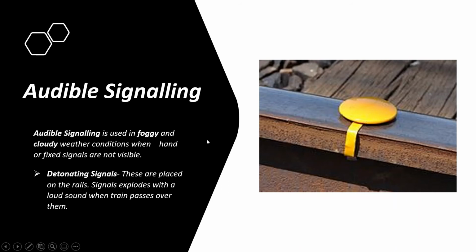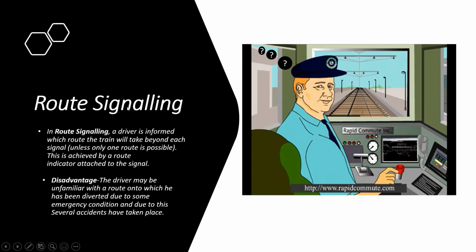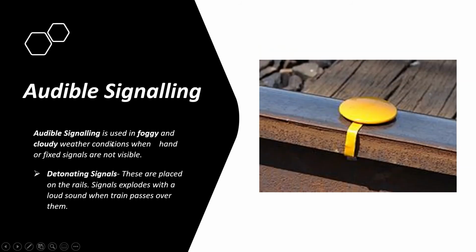That is, due to the weather conditions of high hilly regions, audible signaling is used for signaling the drivers, because the light signaling and route signaling signs might not be visible to the driver in that mist. So audible signaling is used to indicate to be cautious while driving to the next block.